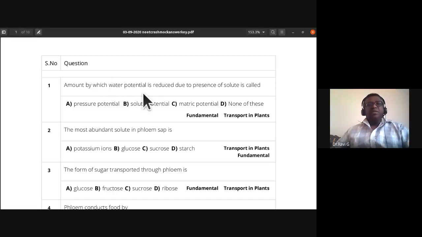Okay. The amount by which water potential is reduced due to presence of solute is called what? Is it called pressure potential, solute potential, matric potential? None of these.